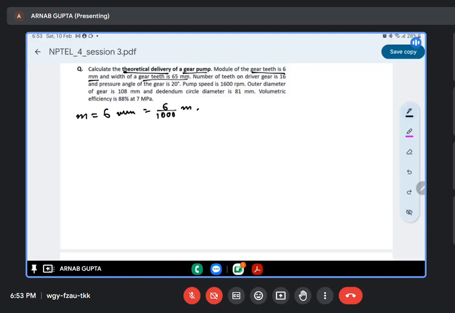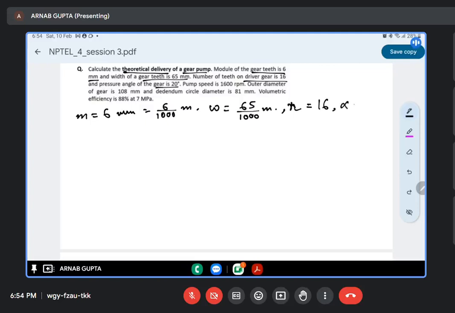The width of the gear teeth is 65, so W is 65 by 1000 meter. Number of teeth on the driver gear is 16. So let's say N is equal to 16. Pressure angle is 20 degree.